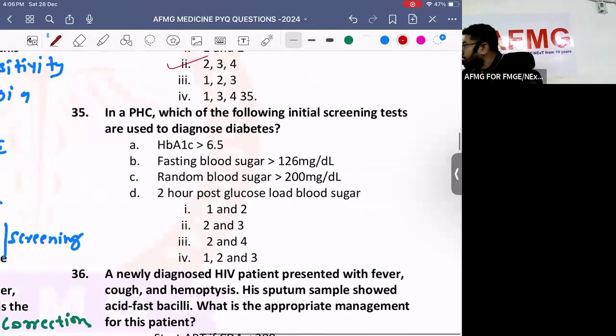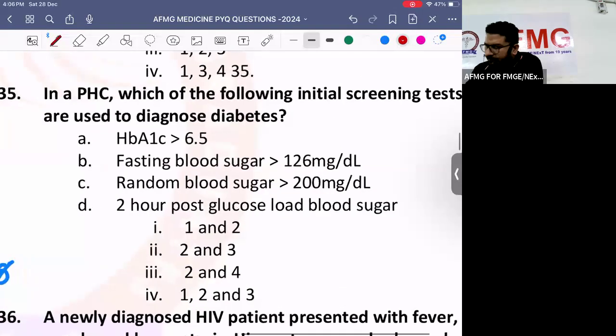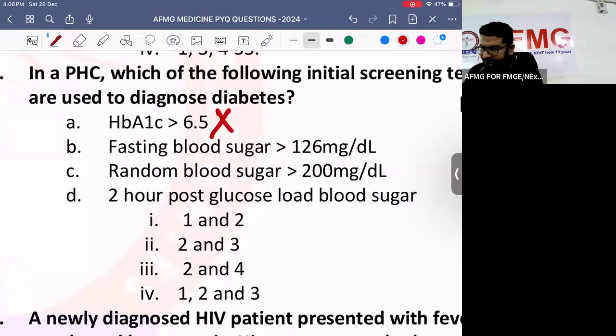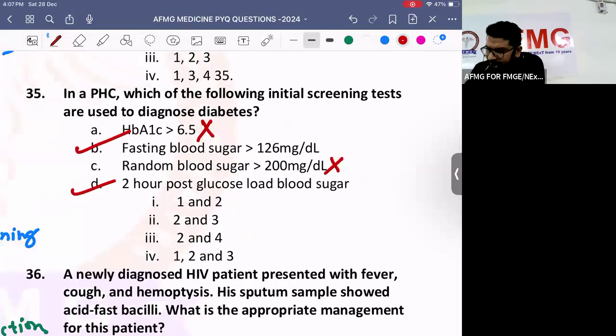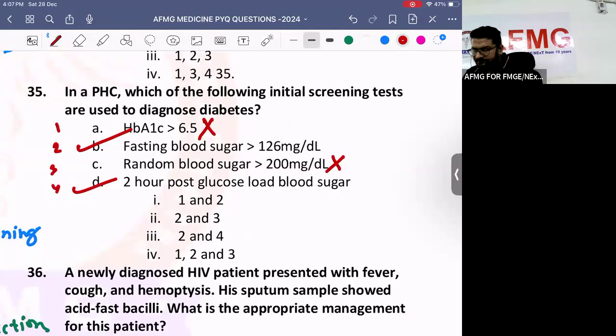Okay, so this one is easy. Tell me, a patient is in a PHC. HbA1c is not done in a PHC. We don't diagnose with random sugar. So what is done in a PHC? Fasting and post prandial. 2 hours post glucose means post prandial. So what will the answer be? 2 and 4.